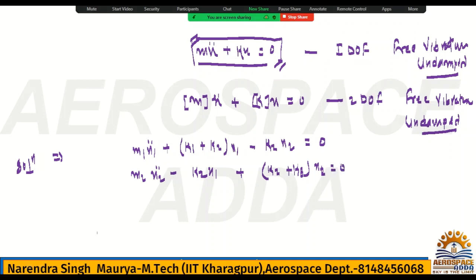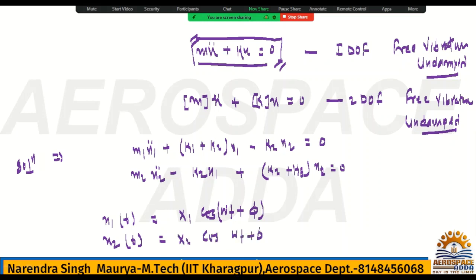So we can assume that x1 of t is nothing but x1 cos(omega t plus phi). Phi is the phase angle, already I have discussed. Similarly, we can write x2 as a function of time, which is nothing but x2 cos(omega t plus phi).